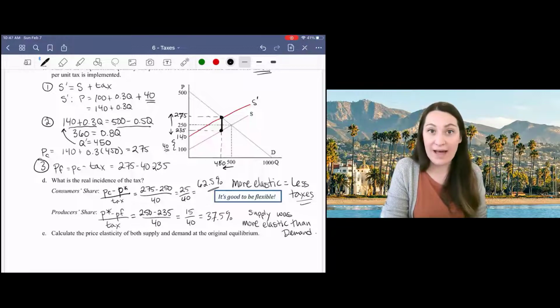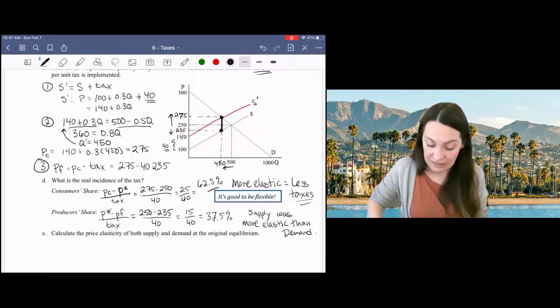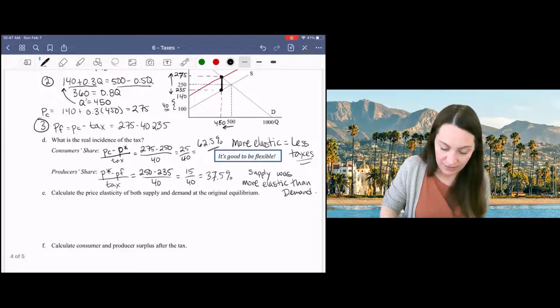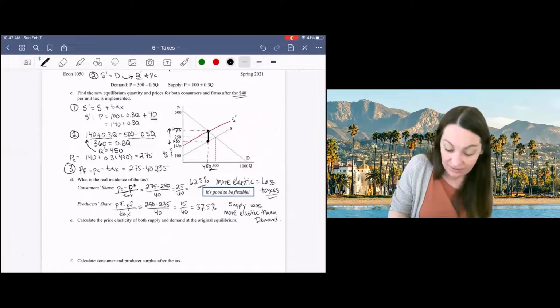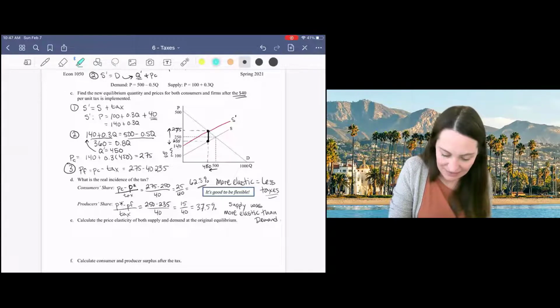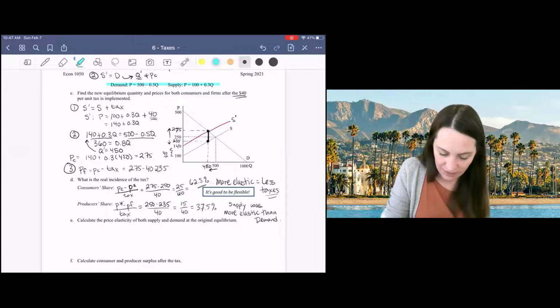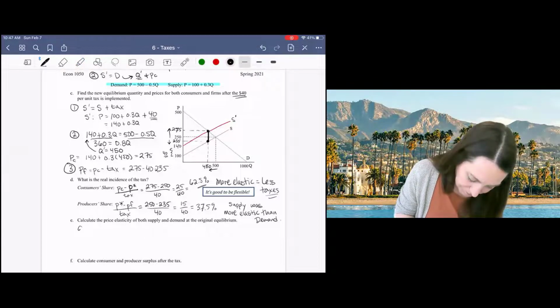To confirm that, let's go ahead and calculate the elasticities of supply and demand at the original equilibrium point. So I've got my supply and demand equations here, which luckily means that I will be able to use the slope formula for elasticity.